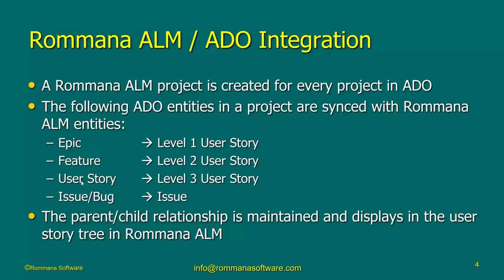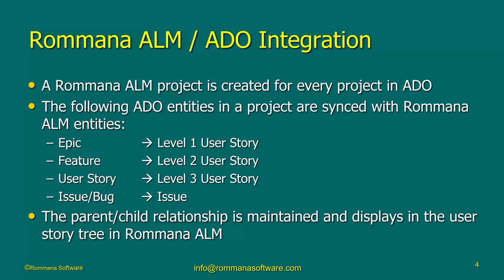So we take each one of those and map them or create corresponding user stories in Rommana ALM. So within Rommana ALM, we do have epic and features and user stories, but everything is a user story. So we create a user story at the highest level for any epic.